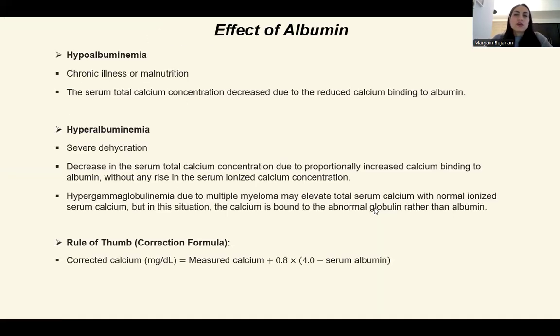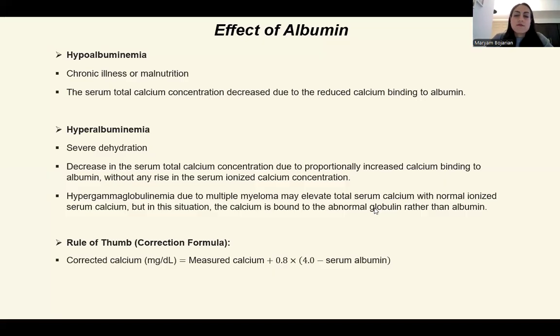Also, as I mentioned, about 40% of calcium in the blood is bound to albumin. And when albumin is low, a situation we call hypoalbuminemia, for example in the setting of chronic disease or malnutrition, the total calcium appears low even if the biologically active ionized calcium is normal.